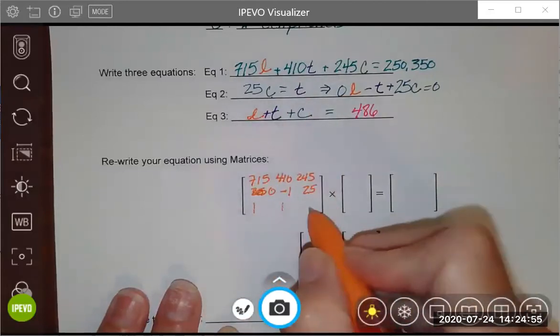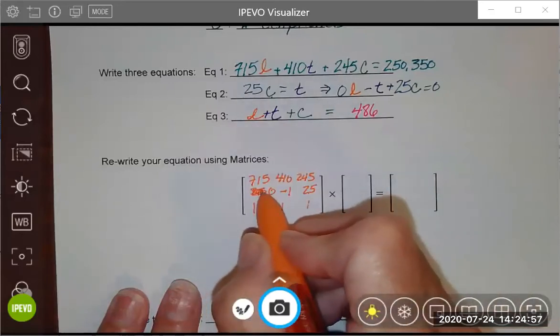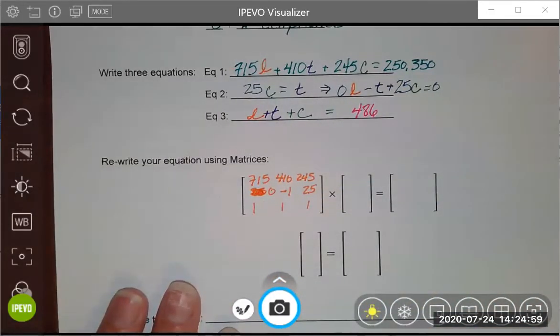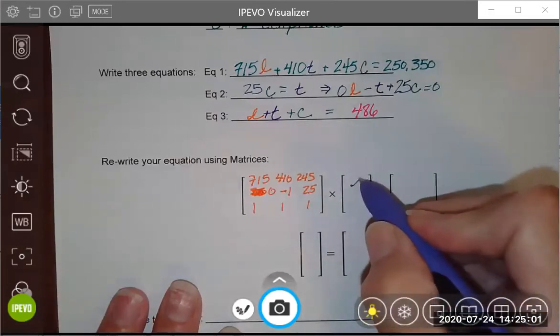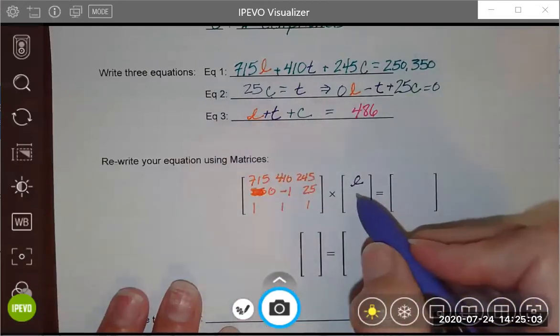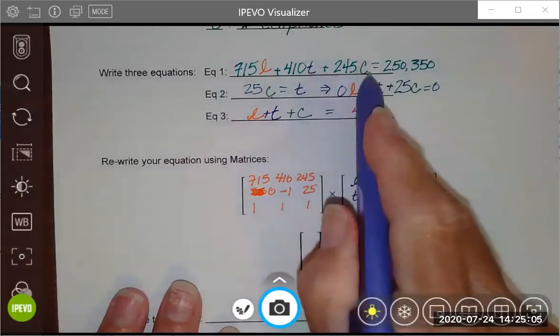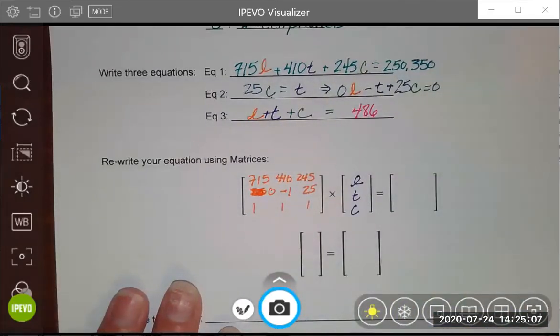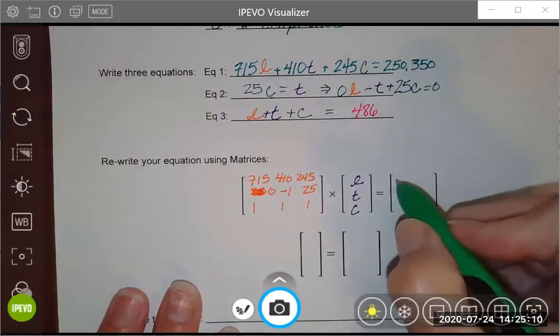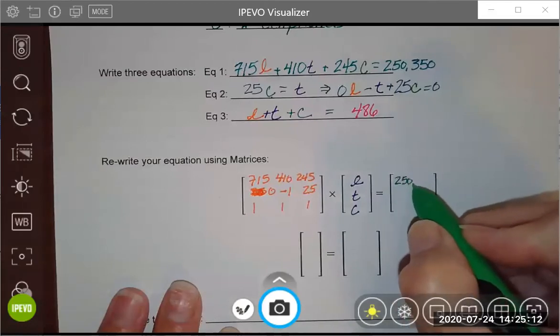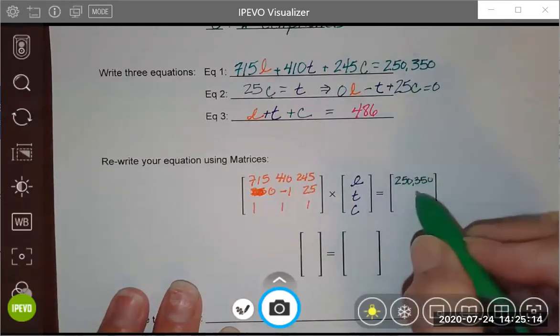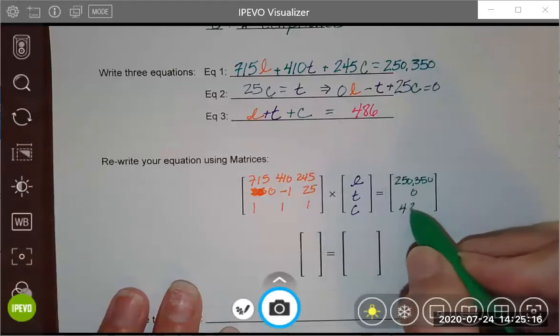And this is just 1, 1, and 1. Make sure that's nicely scribbled out. My variable matrix is going to be my laptops, because I put that number in first, then my tablets, and then my cell phones. And lastly, I'm putting in my constants, 250, 350, 0, and 486.